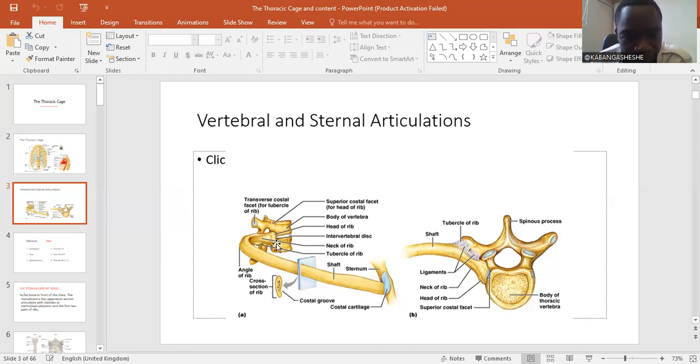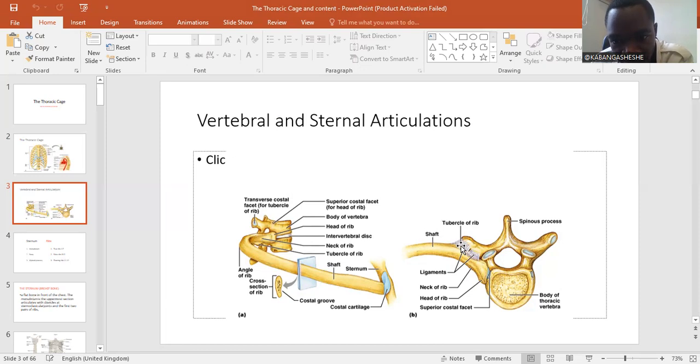Then at the back, the rib is making a joint with the vertebral column. Observe that the rib makes a joint with 2 vertebral bones, one superiorly and one inferiorly, and the rib attaches there. In addition, the transverse processes of the vertebral bones are also attached to the rib.